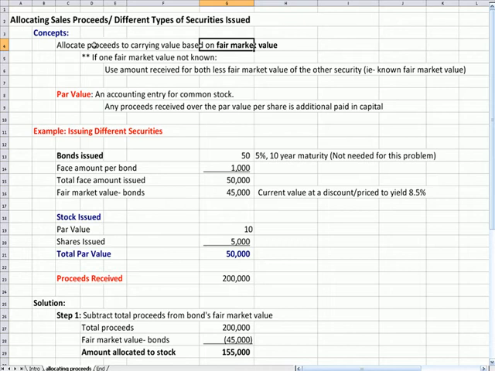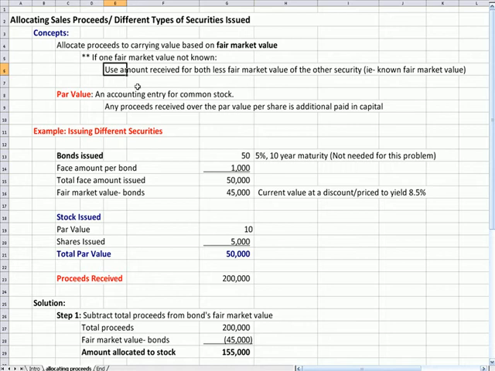If I get proceeds in the door, if I get cash, and I have to assign carrying values to the securities that were issued, I do that based on fair market value, which is something fairly common that we see throughout accounting. But this introduces a problem: what if the fair market value of at least one of the securities isn't known?